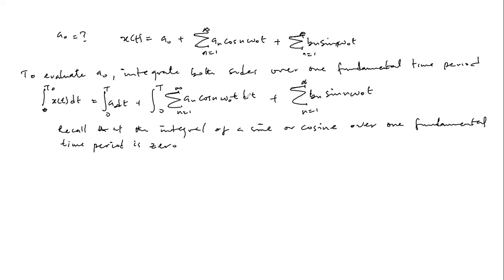Because once that is done, say for instance, you integrate your sine, then you're going to get your cosine, and once you take the limit over one fundamental time period, it reduces to 0.